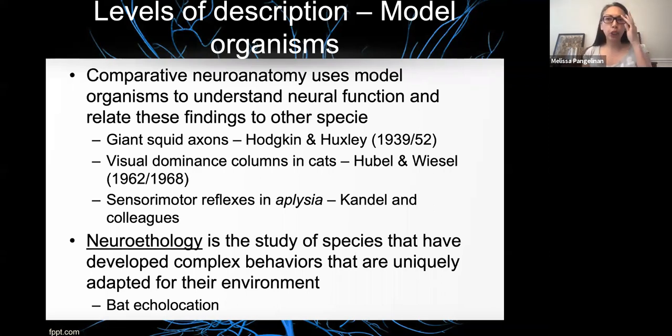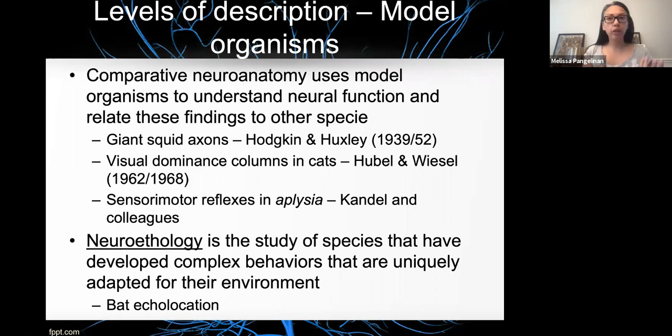So in chapters 2 and 3, they talk a lot about axonal transmission and how synaptic potentials get transmitted across the axons from one cell to another. A lot of that work was done by Hodgkin and Huxley in 1939 and 1952.